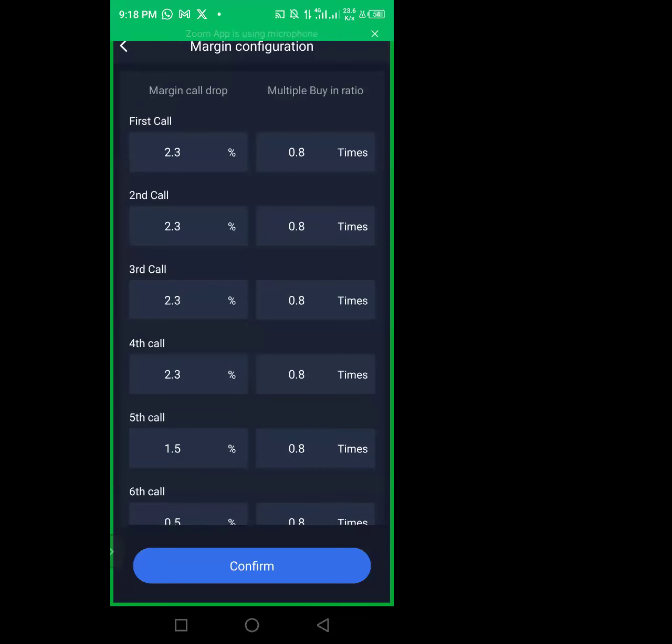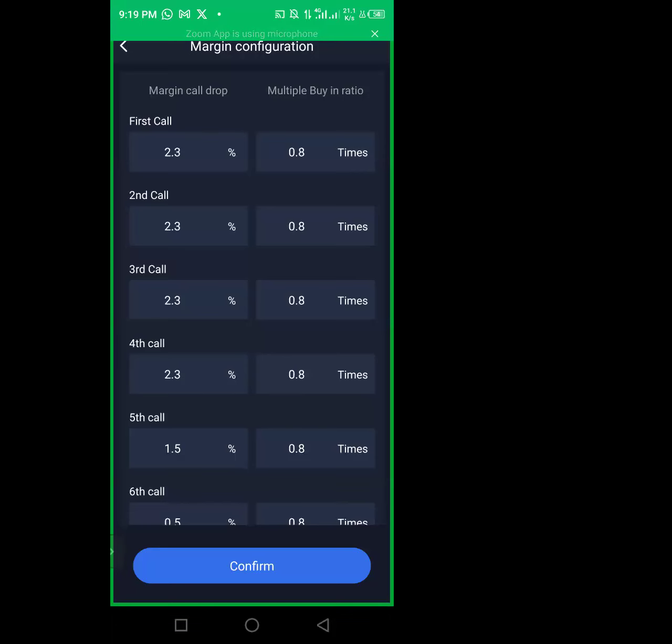But if there's any sharp dump, you can see that these settings from margin 1 to margin 4 will give us a total of 9.2, right? Did I get it?